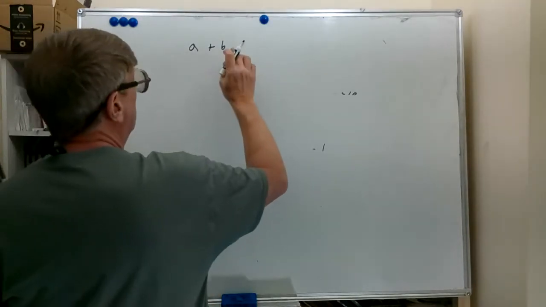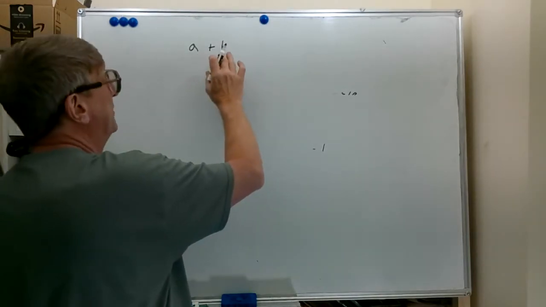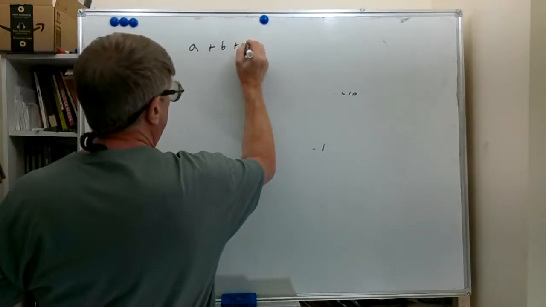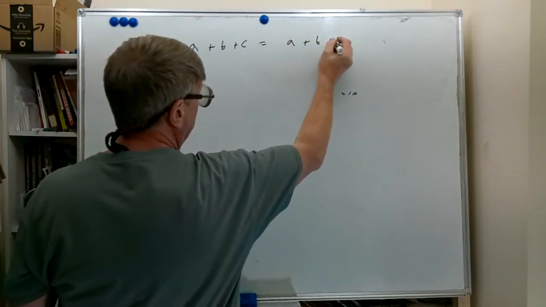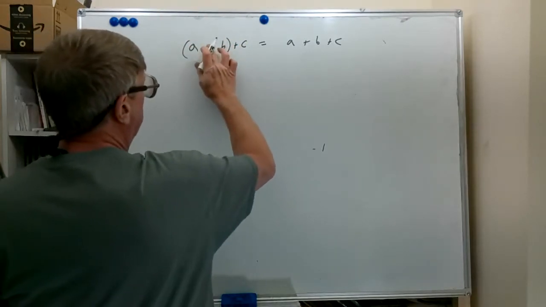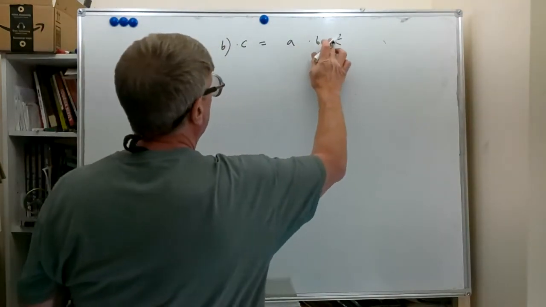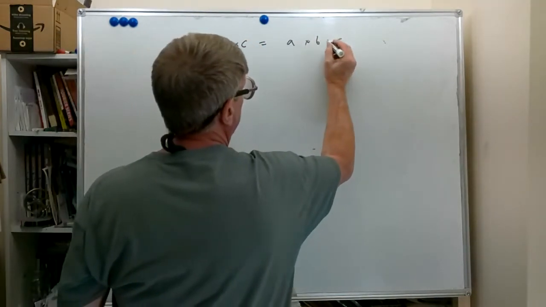Some number, when you do a problem, will be plugged in there to replace it, or we will find some way to find out what number belongs in there. Now we're going to associate this as A times B times C. We already did the plus example. We're going to do times.